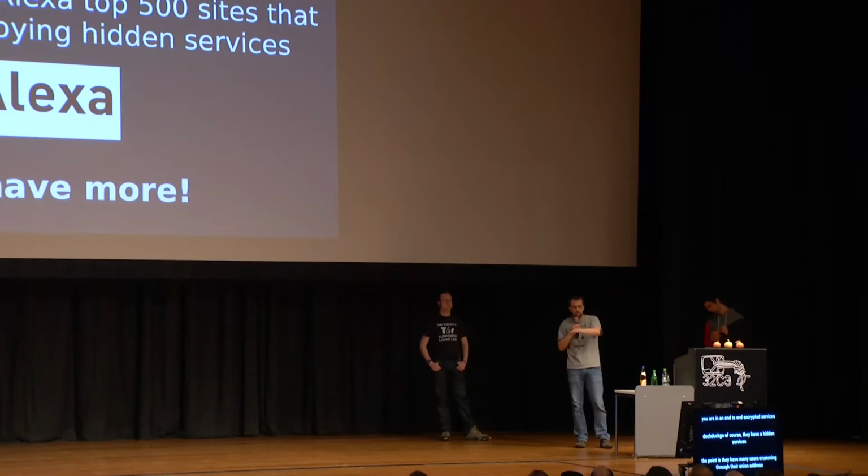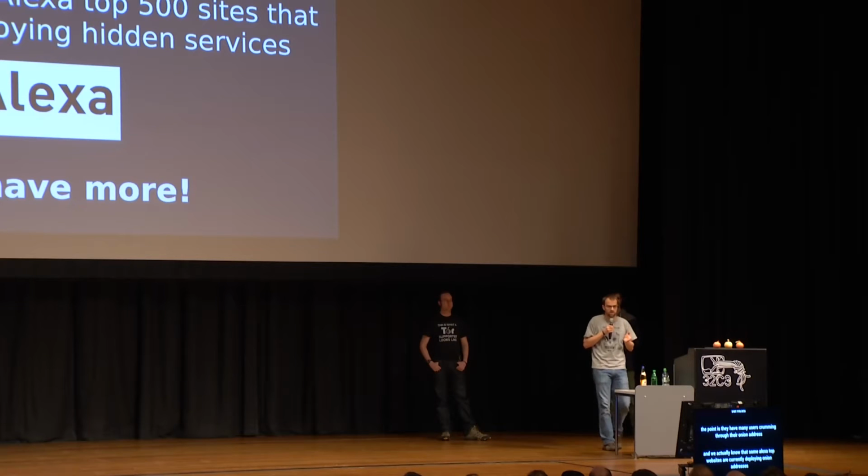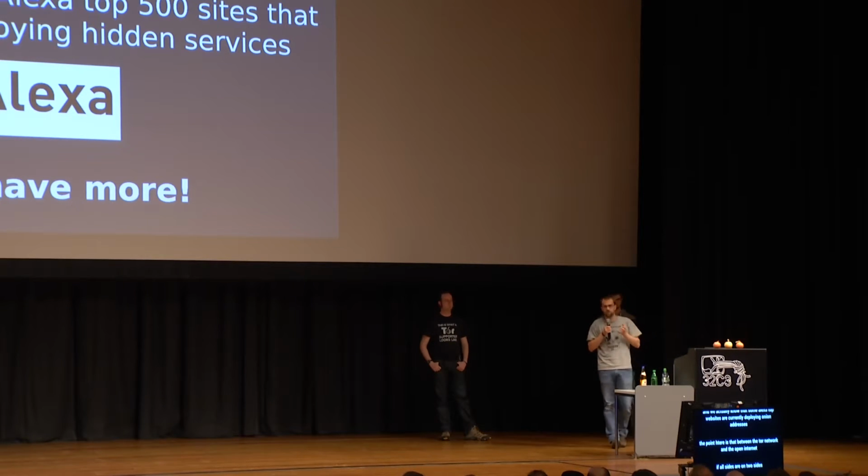The point here is that between the Tor network, the Onion space, and the open internet, if all sites are on both sides, it becomes one side. It's just different ways of accessing the information. So please go to your companies, go to your organizations, deploy Onion addresses and make them public. Help us have many more.